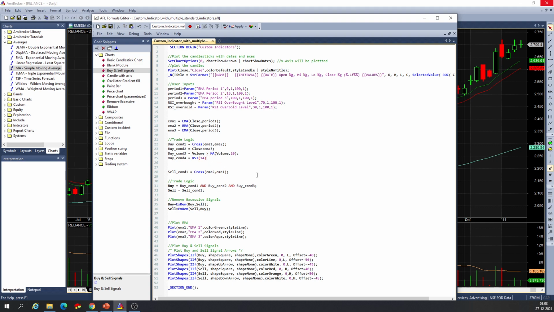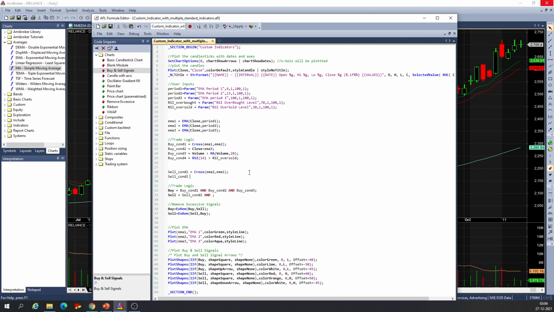And in our buy condition 4, we can say that if RSI is greater than, here we have to use RSI oversold, and sell condition will be, so we will use the sell condition 2, and we will say RSI is lower than RSI oversold, and here we need RSI overbought.